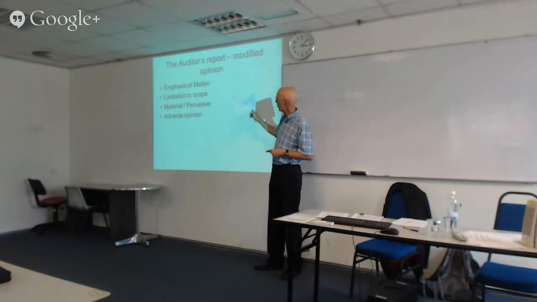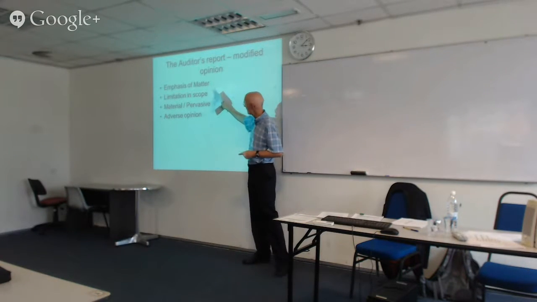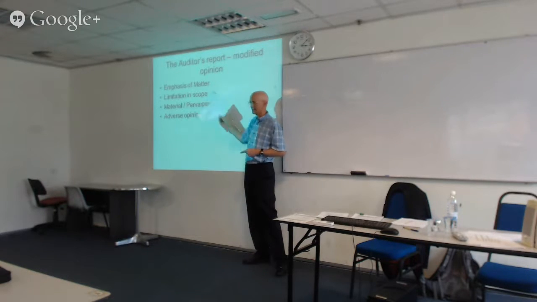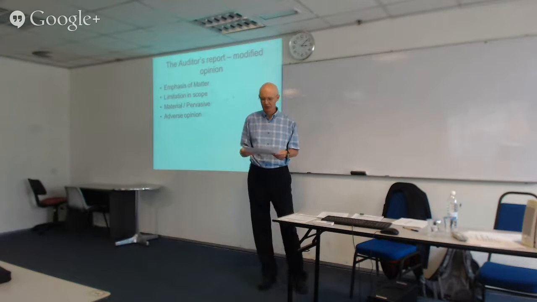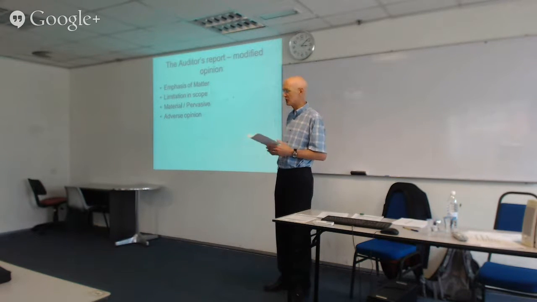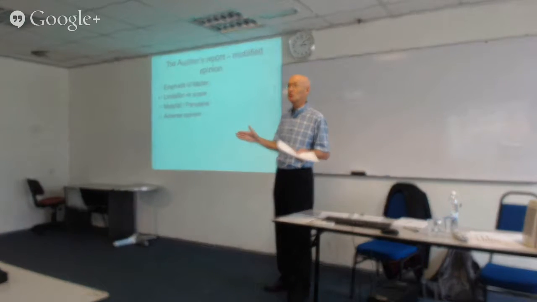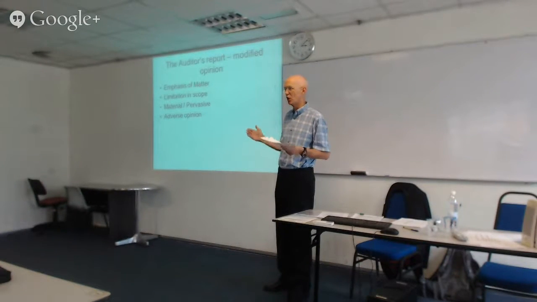So if it is such that it really invalidates all of the accounts, it's said to be pervasive. Good word. So our opinion distinguishes between what is pervasive, called out into the entire accounts, or one which is material, which means it's still significant, but it's not so large that it causes cast doubt upon the whole of the accounts.